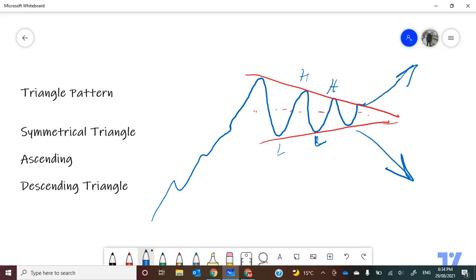Normally, the price will continue after a symmetrical triangle. The trend will be just the same. So if we are in an uptrend, that's a continuation as often. But as I said, sometimes it can be a reversal point as well, so you should be careful.